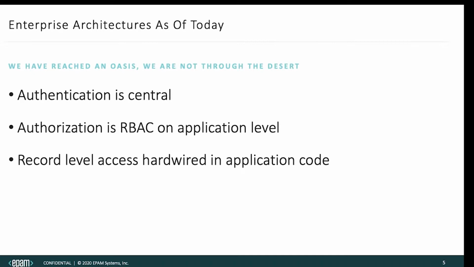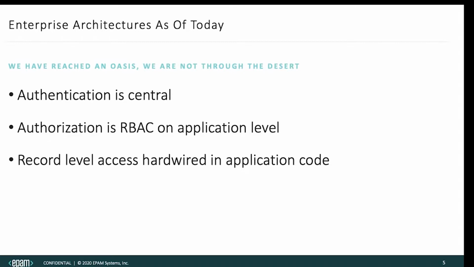Based on this role, they can do several things in the application. The application checks that the current user is a bookkeeper, the current user is a client advisor, the current user is this or that, and based on that it performs or doesn't perform the requested action.